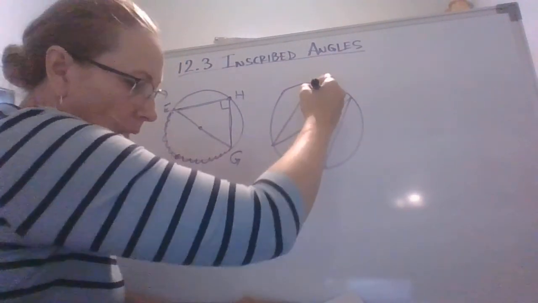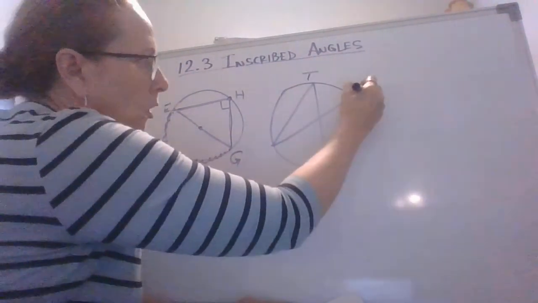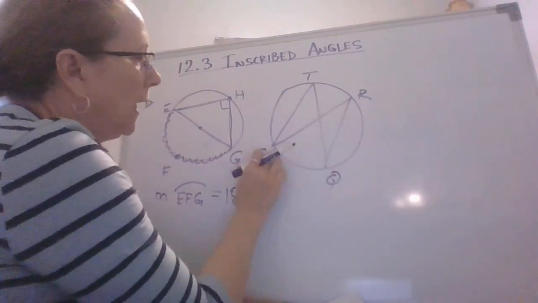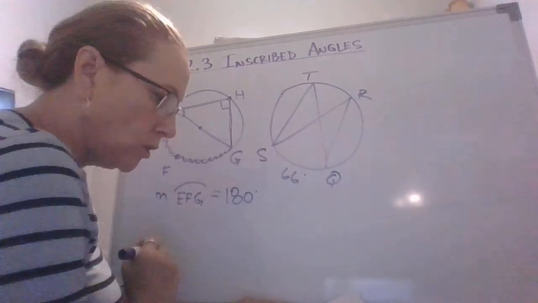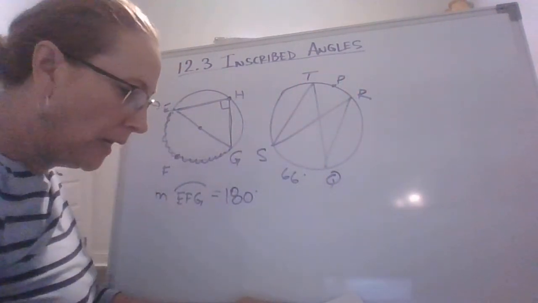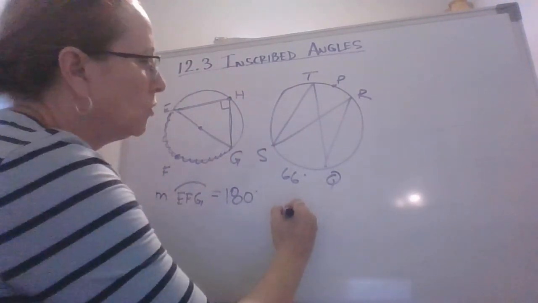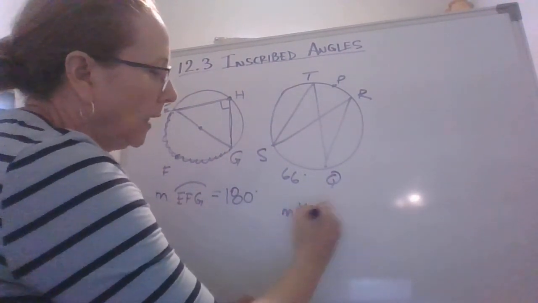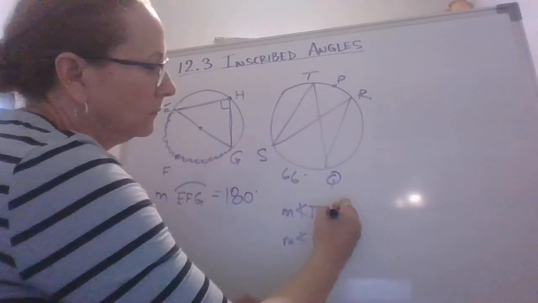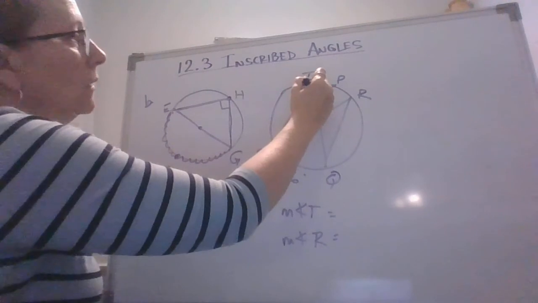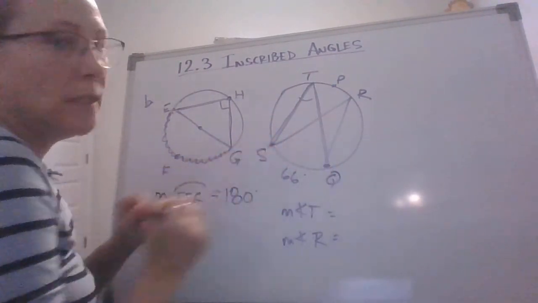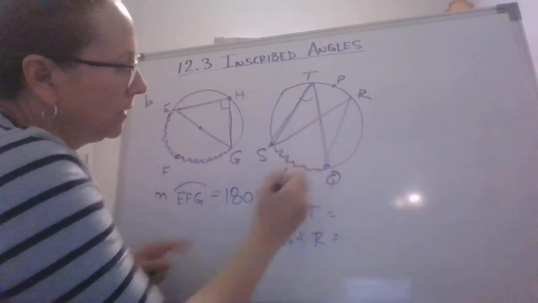We have angle T and R. Go ahead and label S and Q. And between S and Q, we have 66 degrees. And we have a point P over here. All right, the question is, find the measure of angle T and the measure of angle R. Well, angle T, if you follow T all the way down, you get to S and Q. That's the arc, 66.